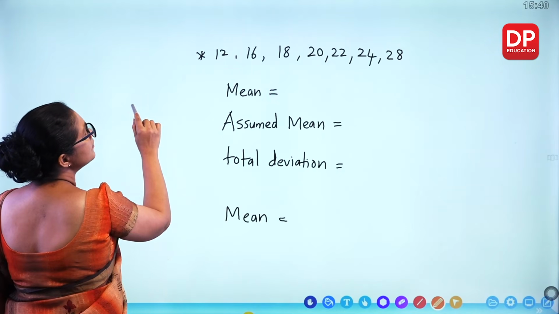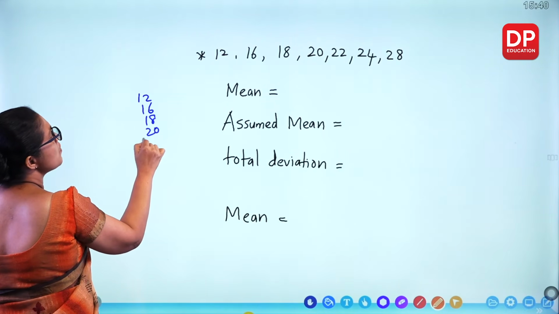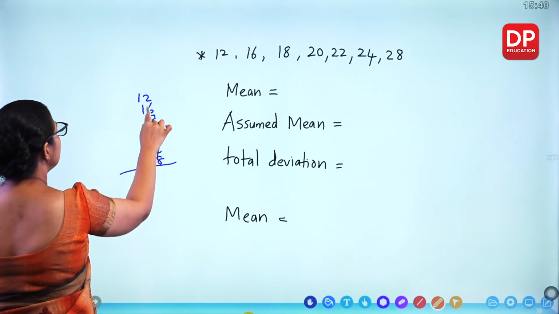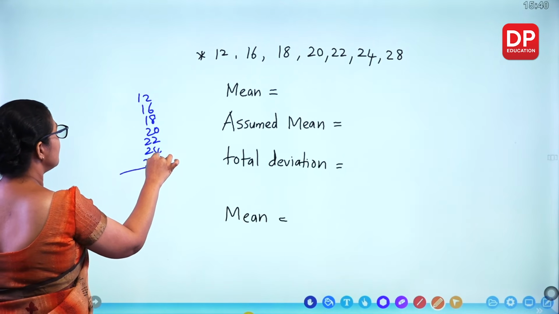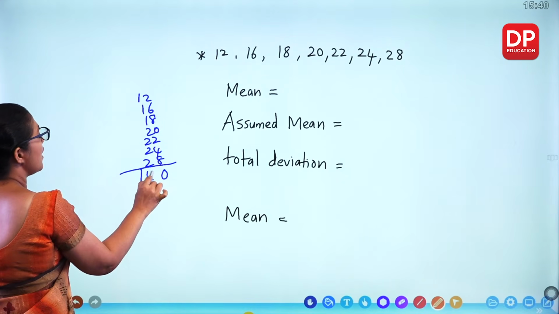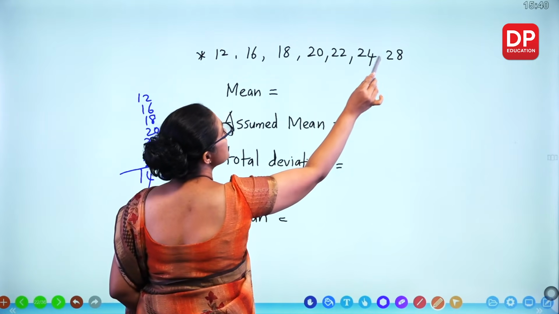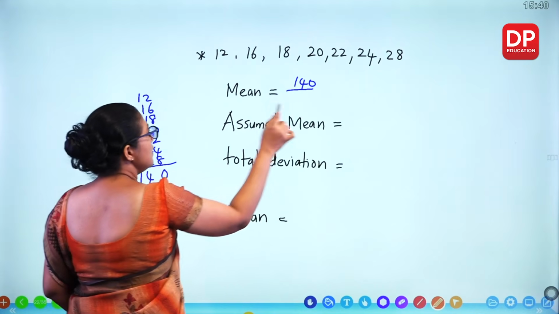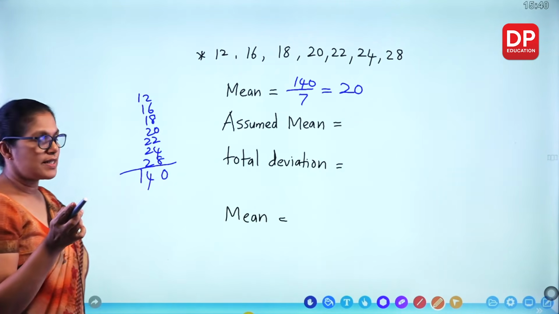Add all together. 12, 16, 18, 20, 22, 24, 28. 140. Divide by 1, 2, 3, 4, 5, 6, 7. 140 divided by 7, you get 20. So the mean value is 20.